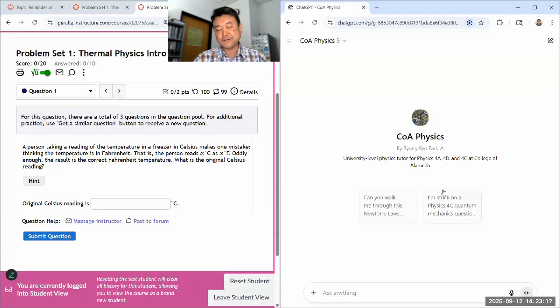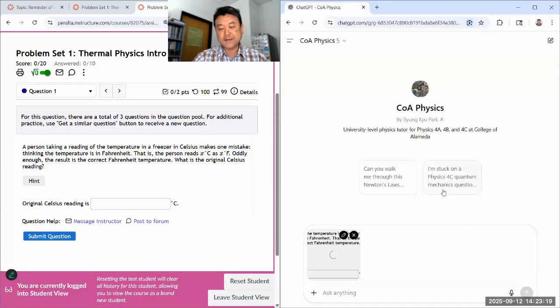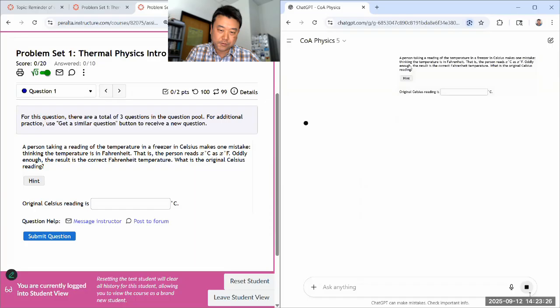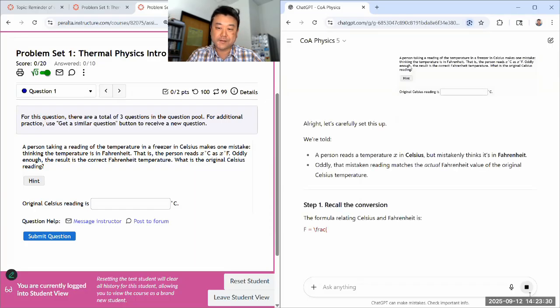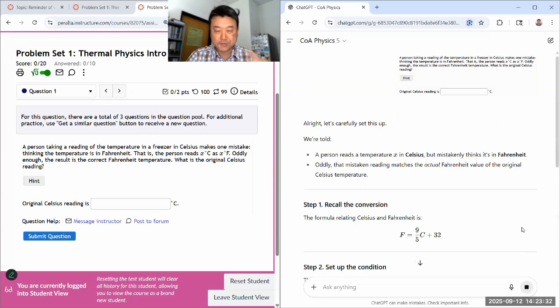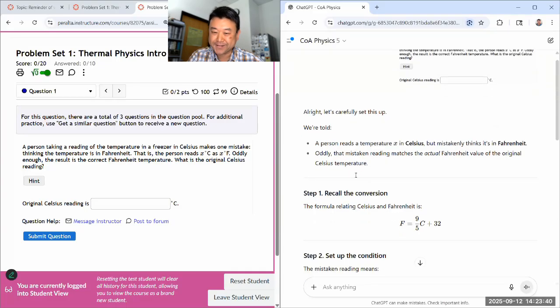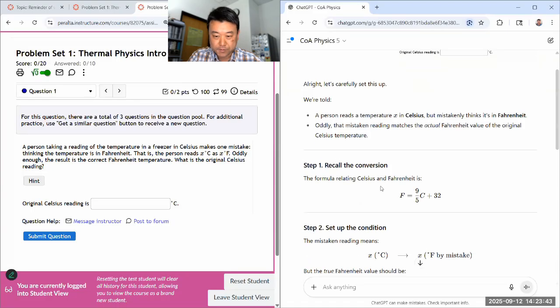So for this class GPT, if I give it just a screenshot, and don't say anything, will it act like a good tutor and walk me through what I should be doing, or will it still need additional tweaks to its system instructions? Let's carefully set this up. X in Celsius, Fahrenheit, okay, matches, good. Recall the conversion, good.